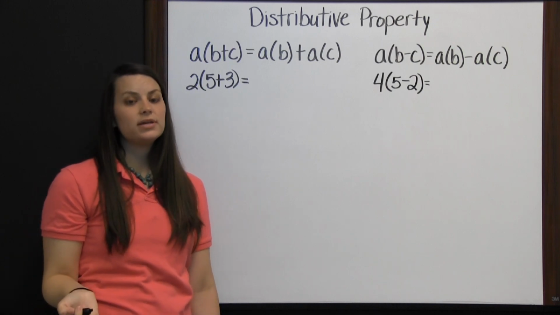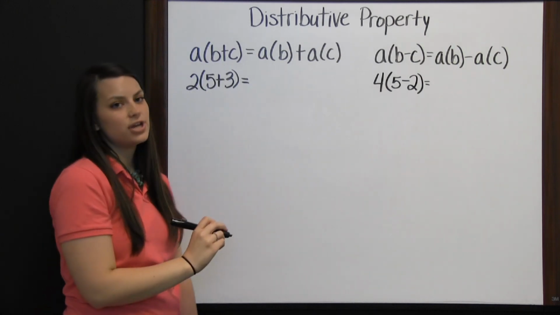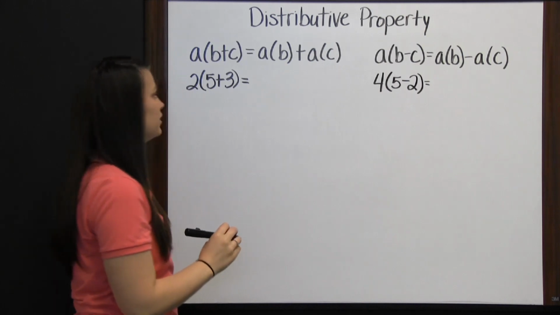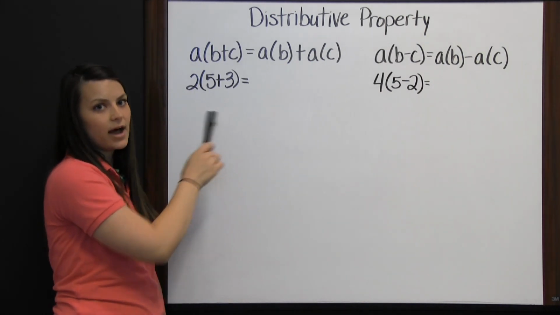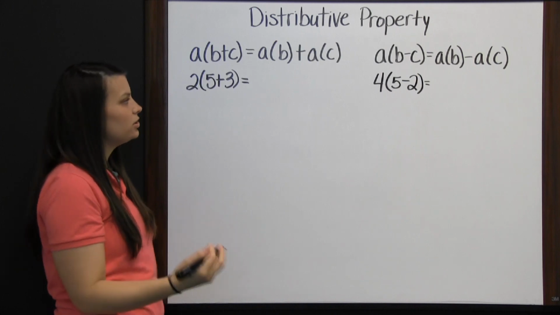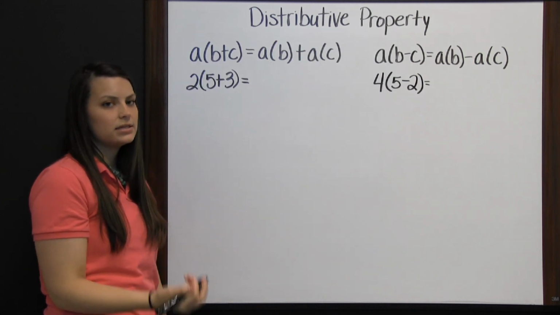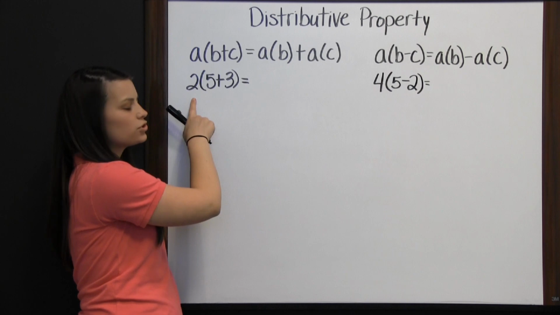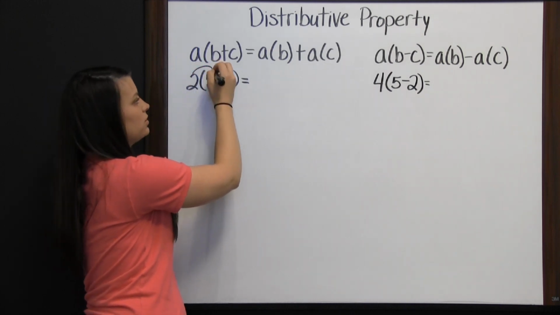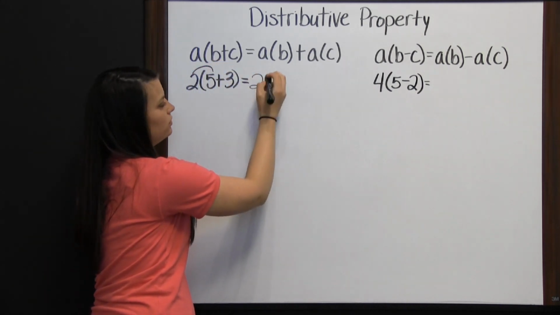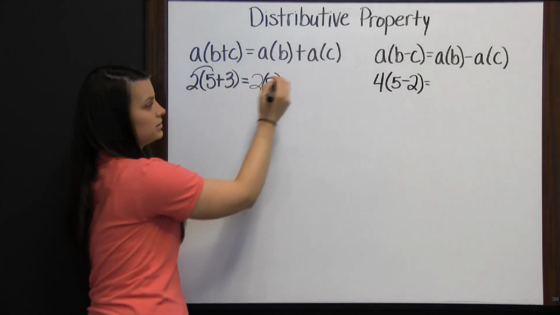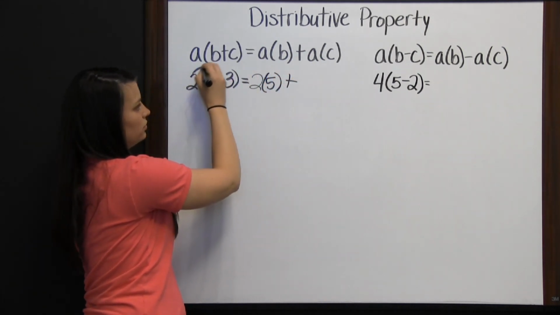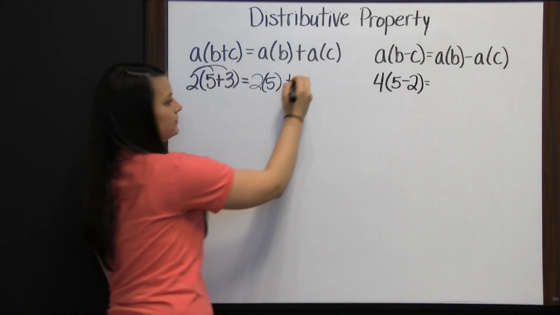We're going to look at two examples, one with addition and one with subtraction. If we were doing 2 times the quantity 5 plus 3, then we could use the distributive property to simplify this by distributing the 2 to the 5, 2 times 5, plus 2 times 3.